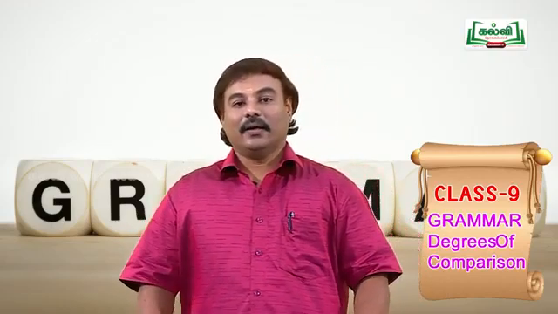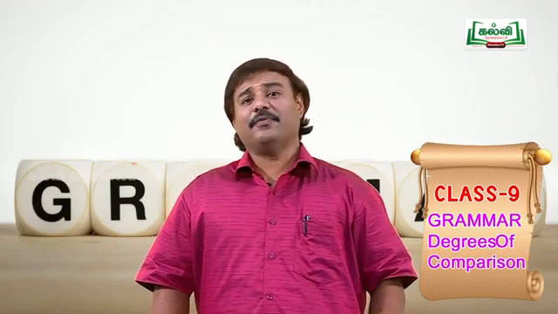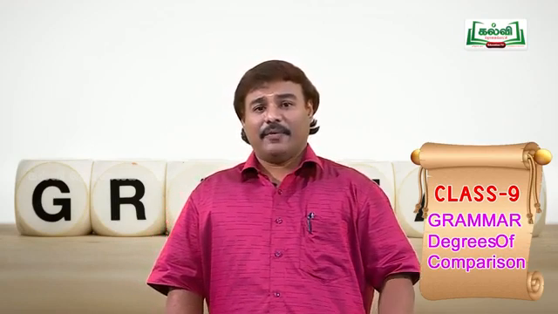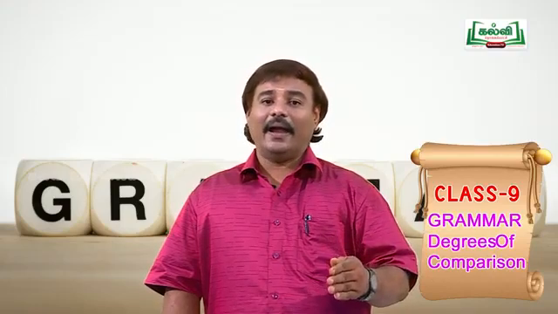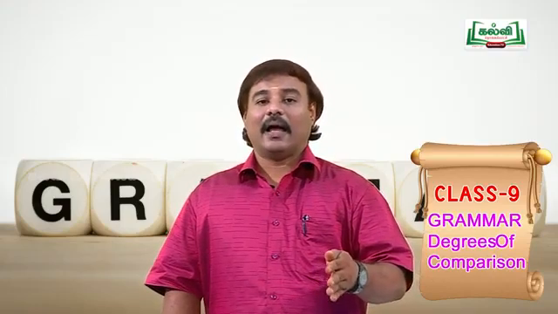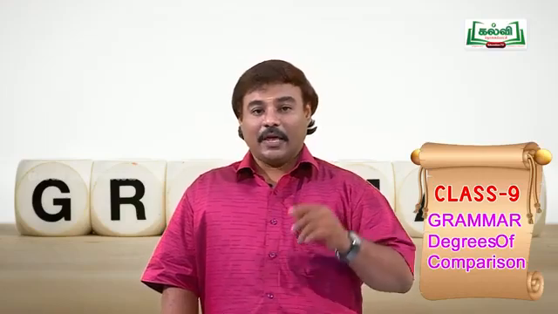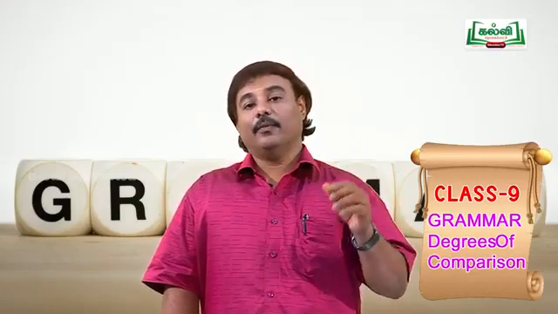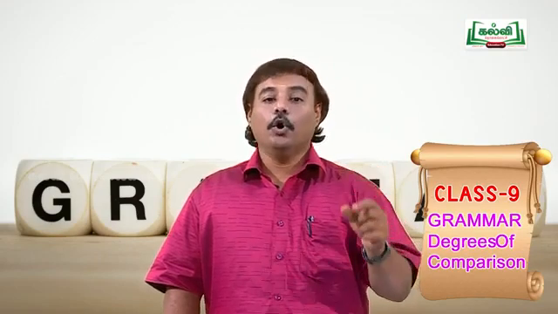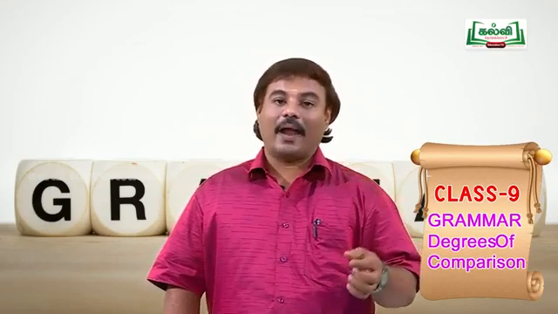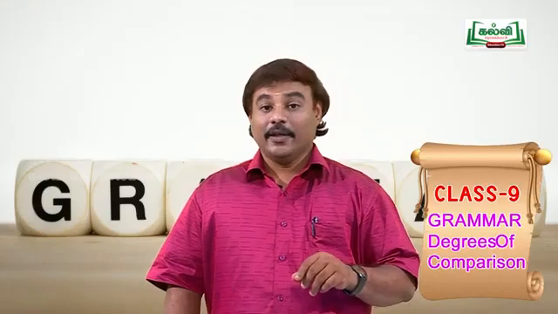Your work is to find out the comparative and superlative degree for these adjectives. It's very easy for you to write. If any word ends in Y, remove Y and add IER and IEST. If you have a big word with more than two or three syllables, add more in the comparative and most in the superlative degree.